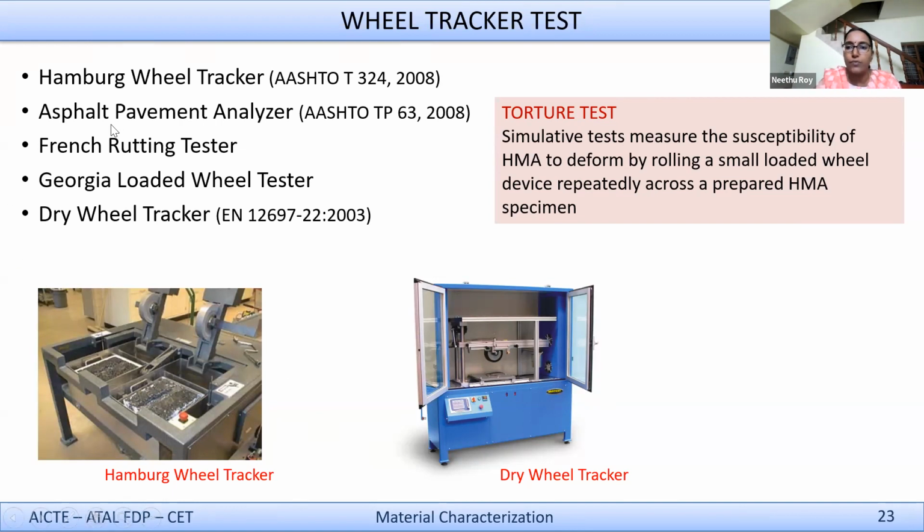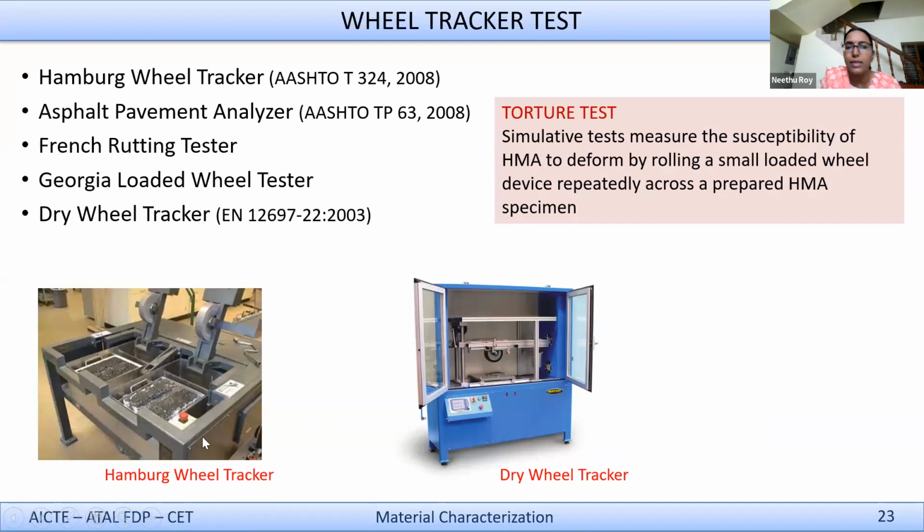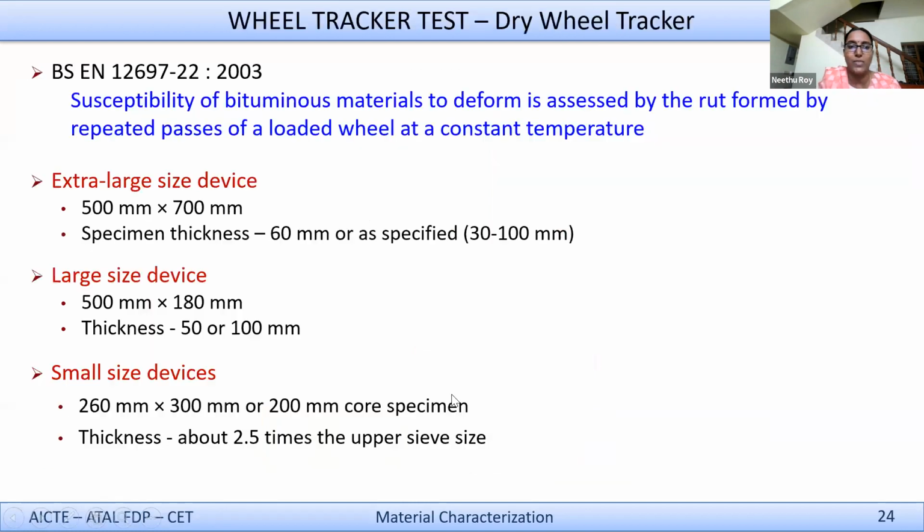There are different asphalt analyzers or asphalt testers or wheel trackers available across the world. Normally we use the Hamburg or a dry wheel tracker. Essentially, the difference between the dry and a wet one is that here you can fill it with water, and then test the specimen under moisture or submerged conditions. In the dry wheel tracker, it will be on the dry specimen.